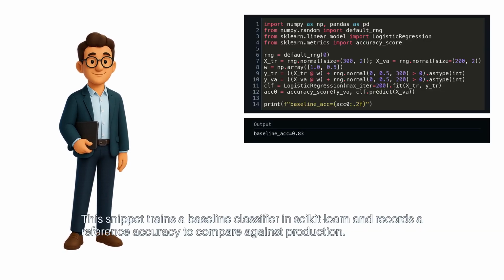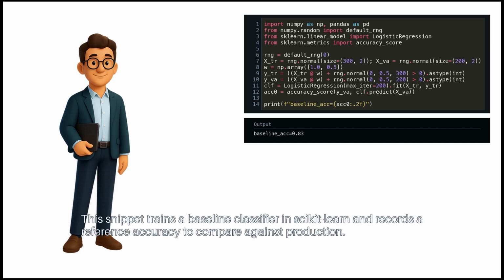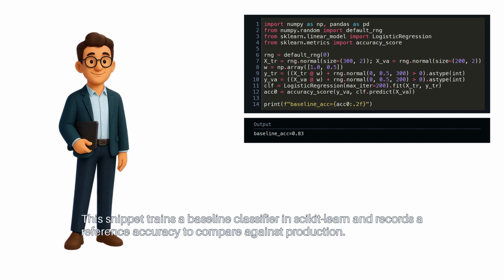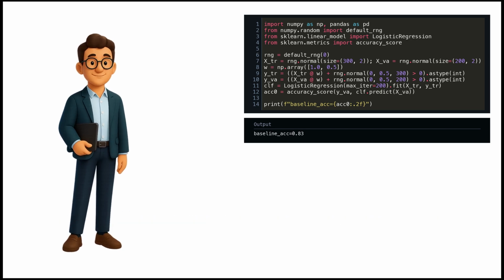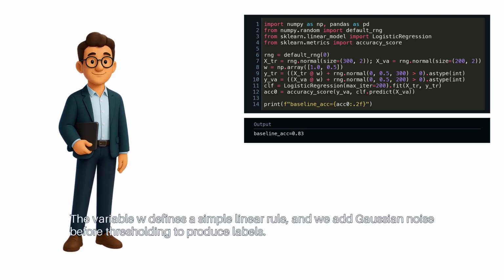This snippet trains a baseline classifier in scikit-learn and records a reference accuracy to compare against production. A reproducible random generator creates small Gaussian feature matrices for train and validation. The variable W defines a simple linear rule, and we add Gaussian noise before thresholding to produce labels.